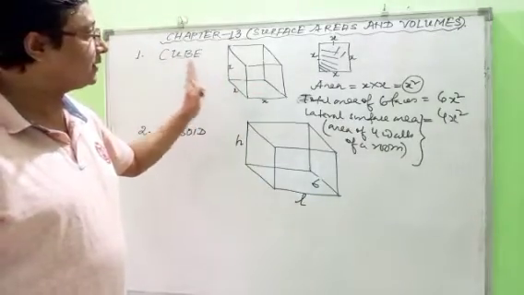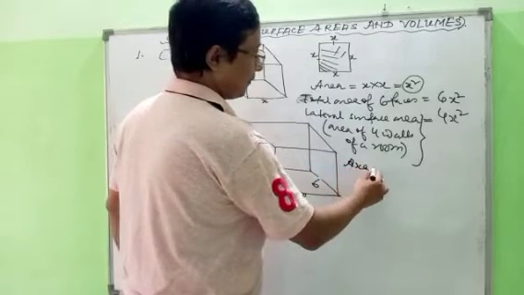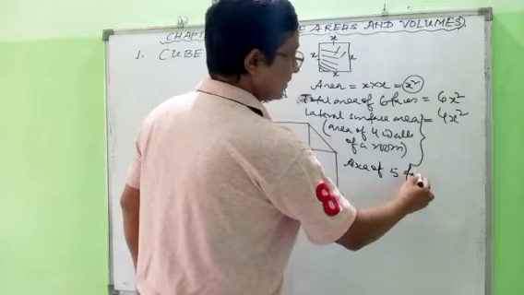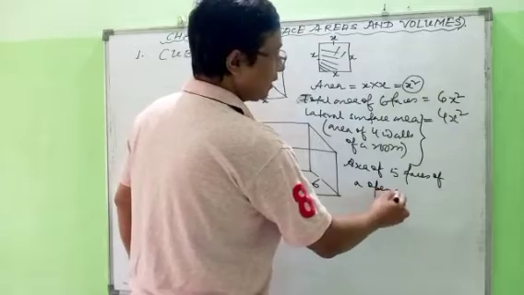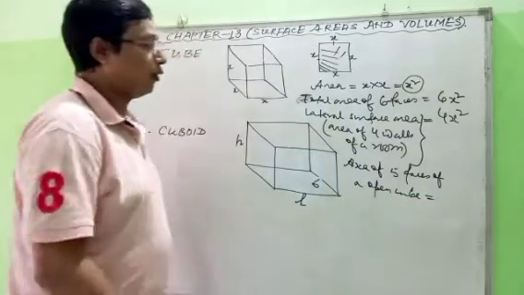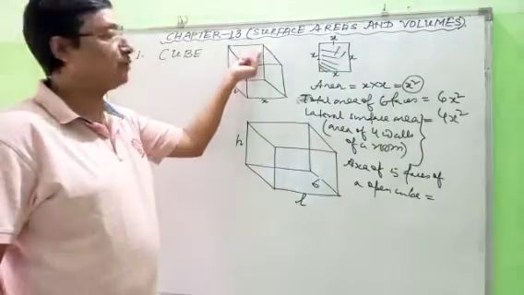Suppose the cube is open. To get the total area, the area of 5 faces of an open cube: you are not going to count the upper face because there will be no surface.